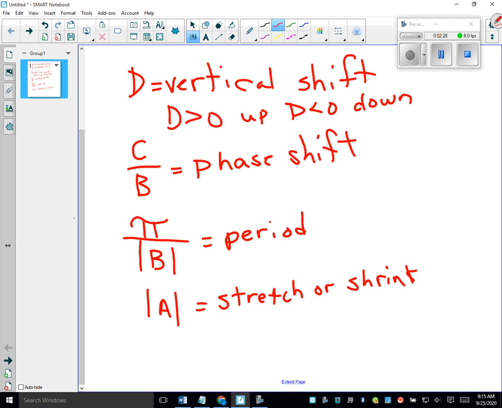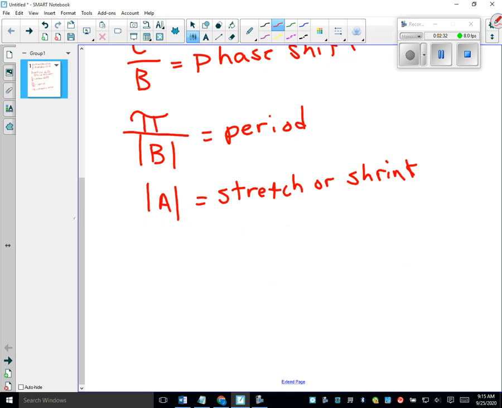If A is between -1 and 1, before I say this, let me make sure I'm right, because I don't like the way the book words it.